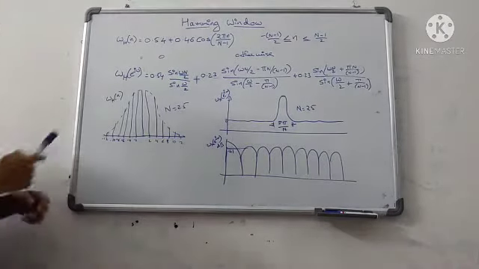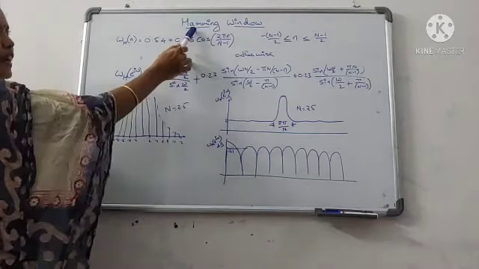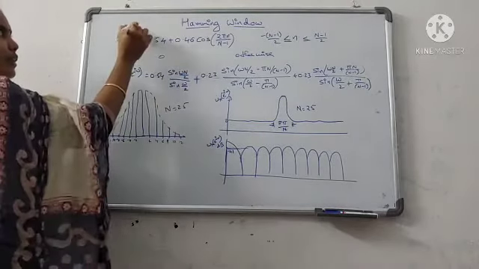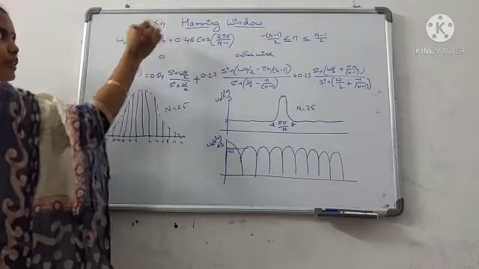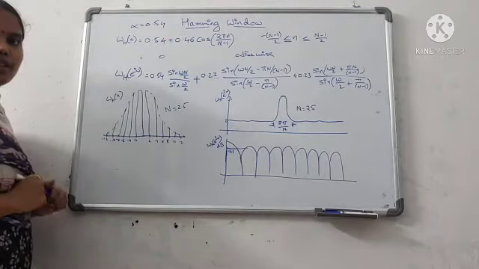Now the next window is the Hamming window technique. For the Hamming window technique, you have to substitute alpha equal to 0.54 in the raised cosine window equation.